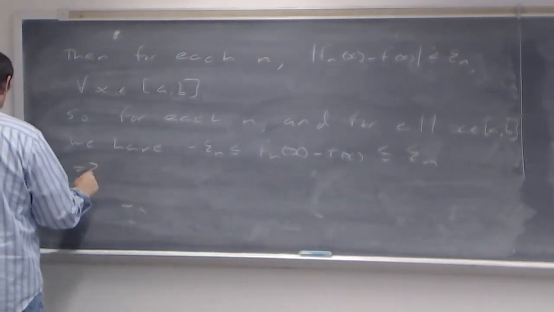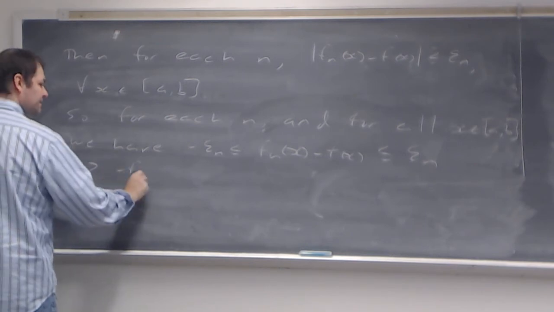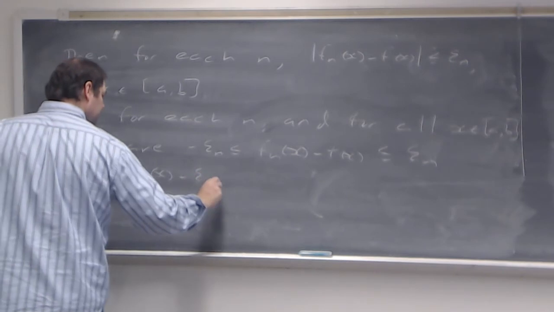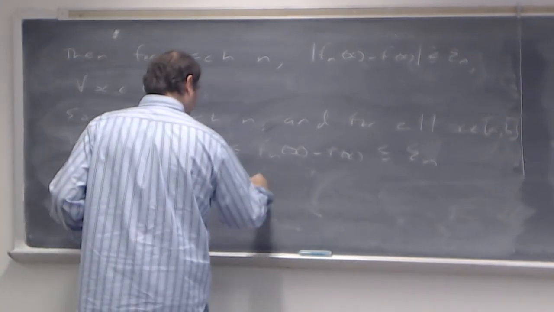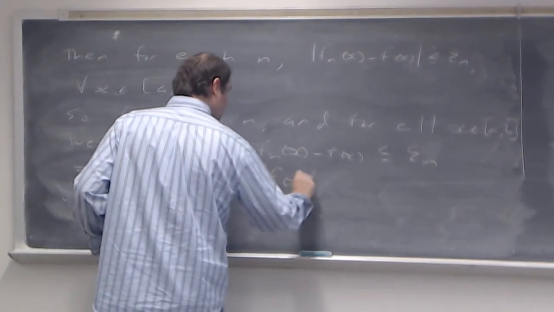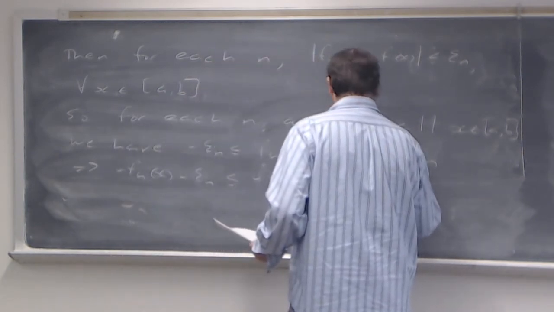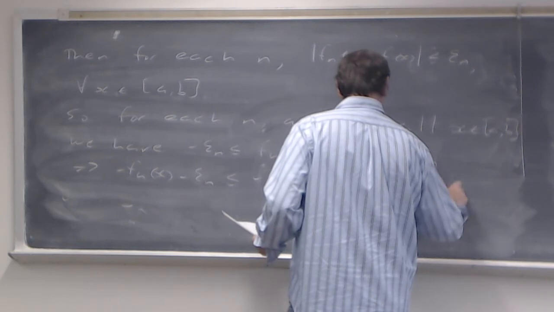That implies that minus f sub n of x minus epsilon sub n is less than or equal to minus f of x, which is less than or equal to epsilon sub n minus f sub n of x.